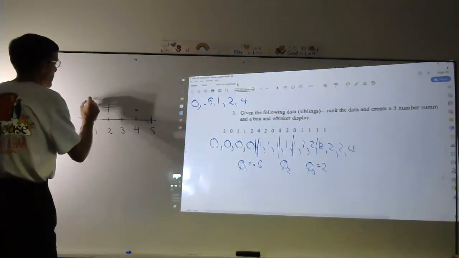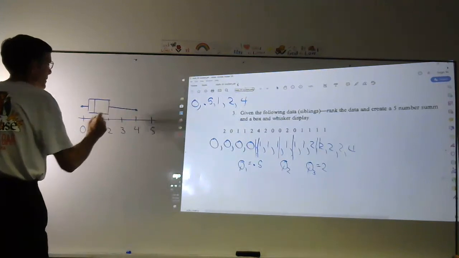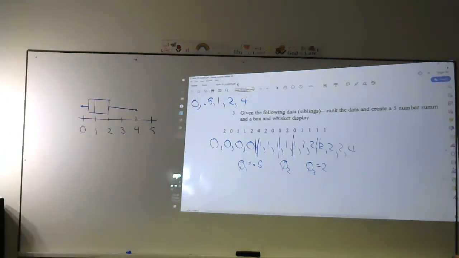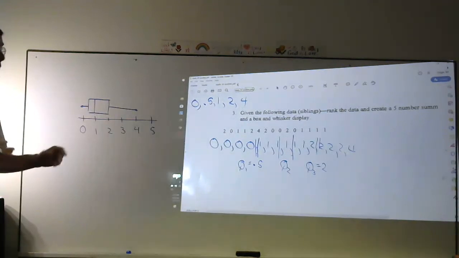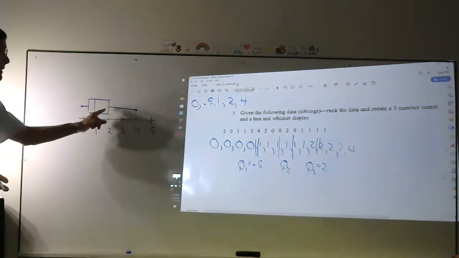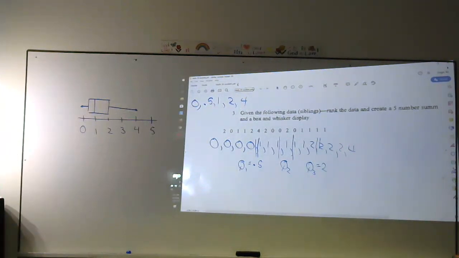Dot on 4. Complete the box. Make the whiskers. And once again, you can use the picture very quickly to see that the smallest amount of spread or variation is in quartile 2. And the most amount of spread is in the 4th quartile, which is a distance of 2.